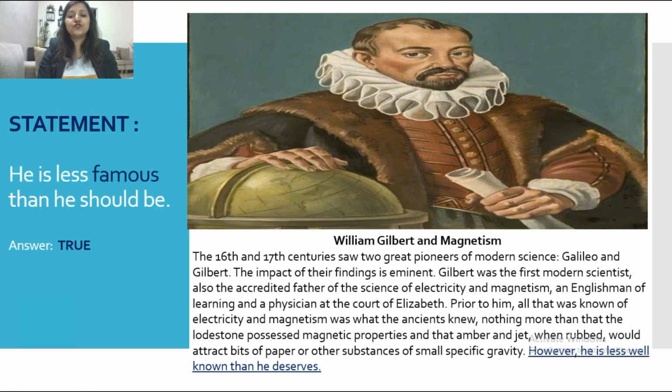The answer is true, right? Here, the information related to his fame is given, and it is also given that he is less famous, which means the statement is completely matching with the information given in the passage, and that is how the answer is true. I hope you got this.